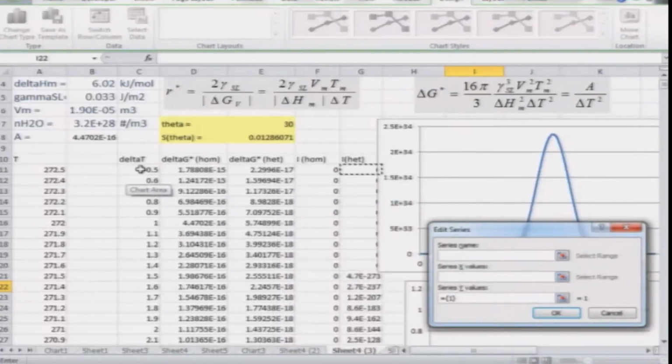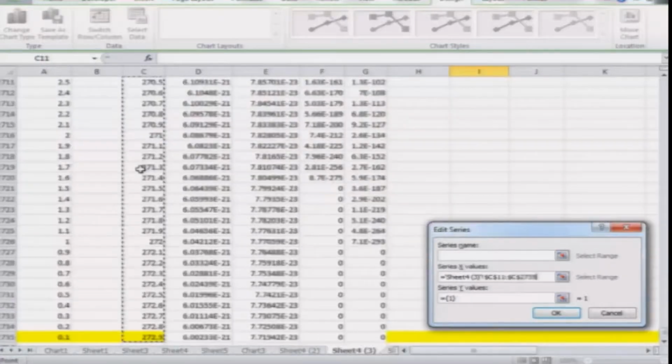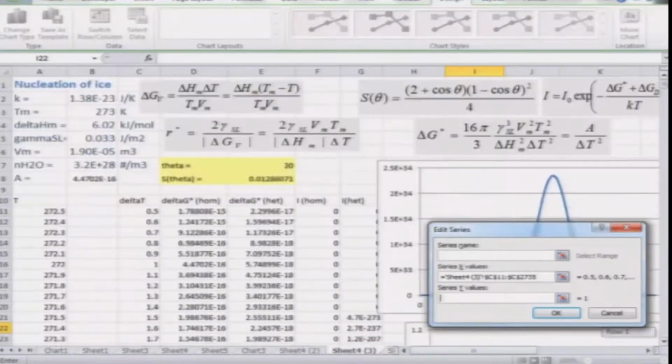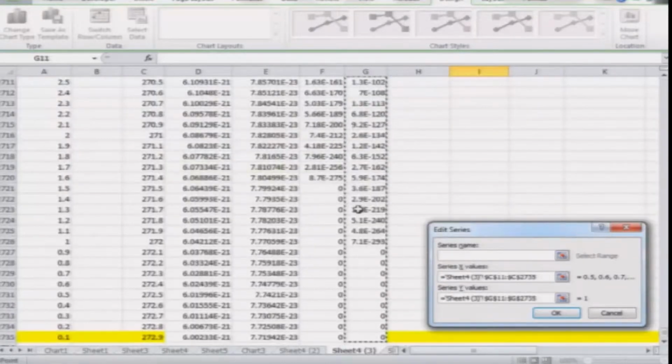X values are undercooling, select this. Similarly, now select the column for the nucleation rate, which is I hat. This is selected.